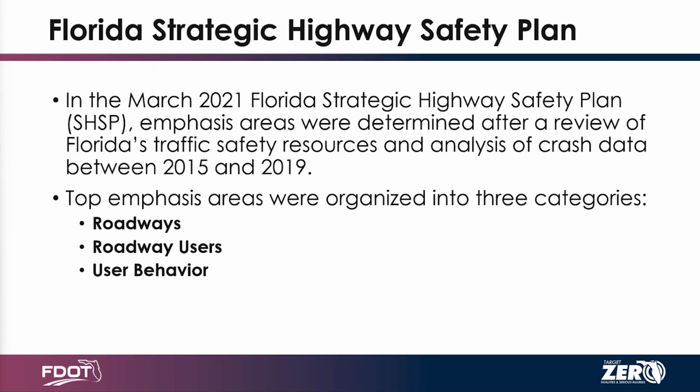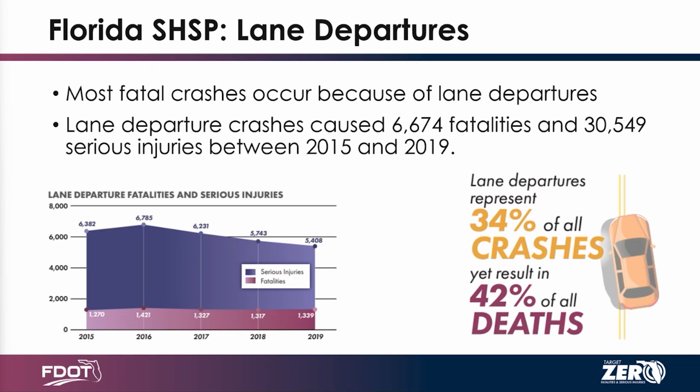Those emphasis areas were categorized into 3 different groups: roadways, roadway users, and user behavior. So lane departure is one of those emphasis areas, and most fatal crashes that occurred are because of lane departure. 34% of crashes resulted in 42% of all deaths on Florida roadways between 2015 and 2019.